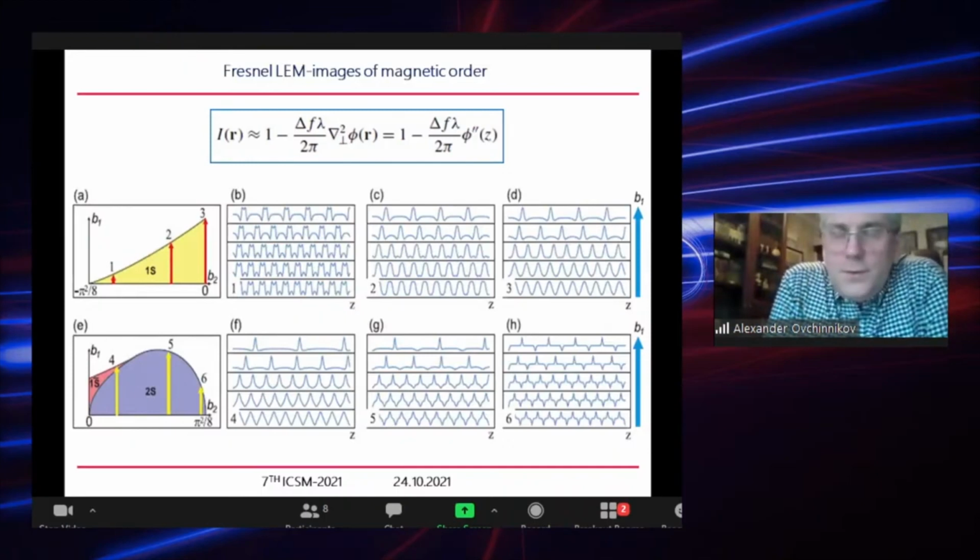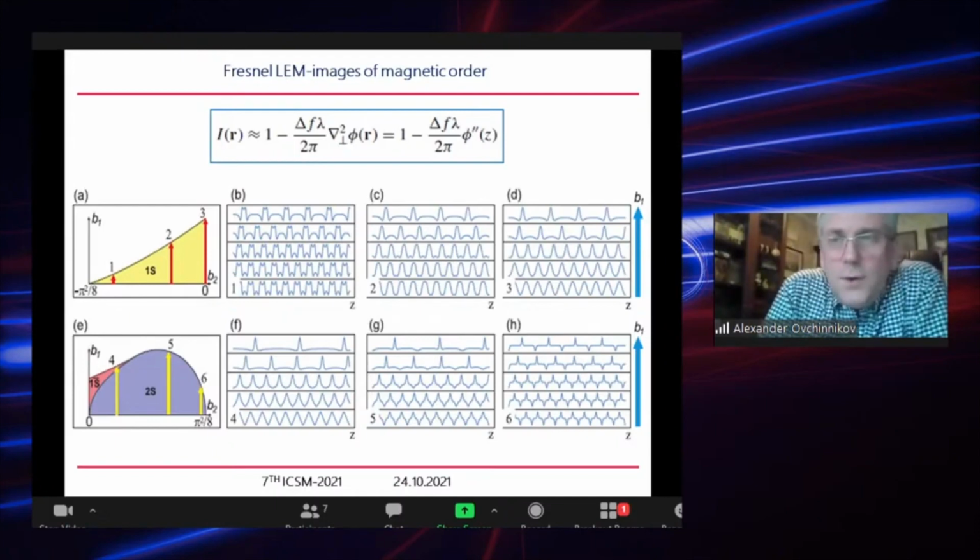Here we have to recognize 3 different techniques for Lorentz microscopy. If we operate directly with the magnetic phase shift, we deal with electron holography, but this method is almost not used to analyze magnetic structure. Another technique is known as the Foucault technique. It uses the first derivative of the magnetic phase.